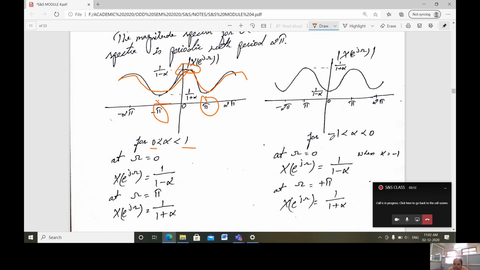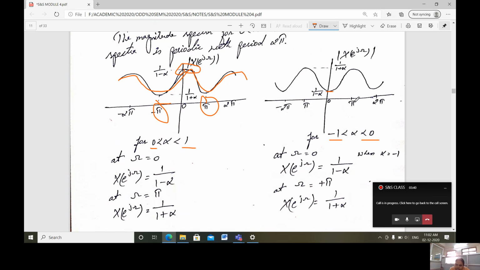When alpha is varying from minus 1 to 0, at omega equals 0, X of e raised to j omega is going to be 1 divided by 1 minus alpha. When omega equals plus pi, X of e raised to j omega is going to be 1 divided by 1 plus alpha. Observe here, the figure is different. At 0, you will get 1 divided by 1 minus alpha on the lower side.